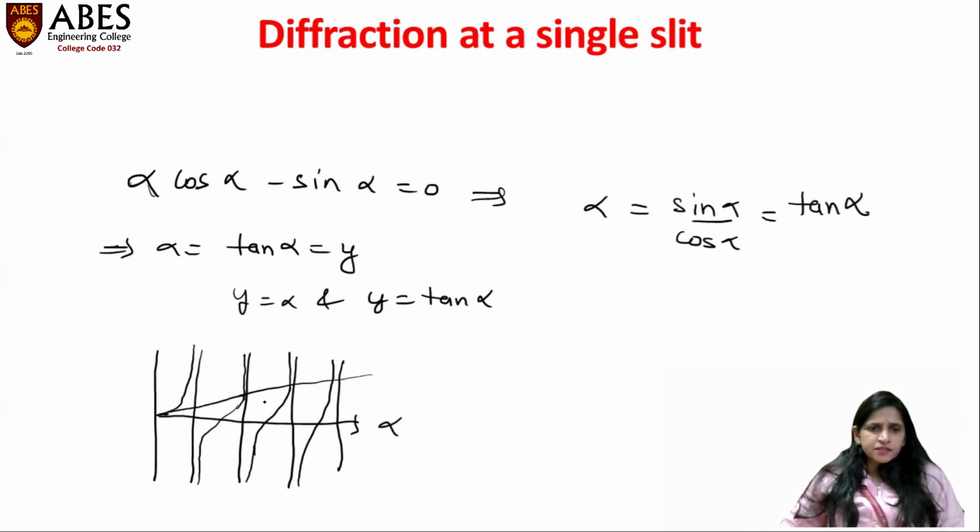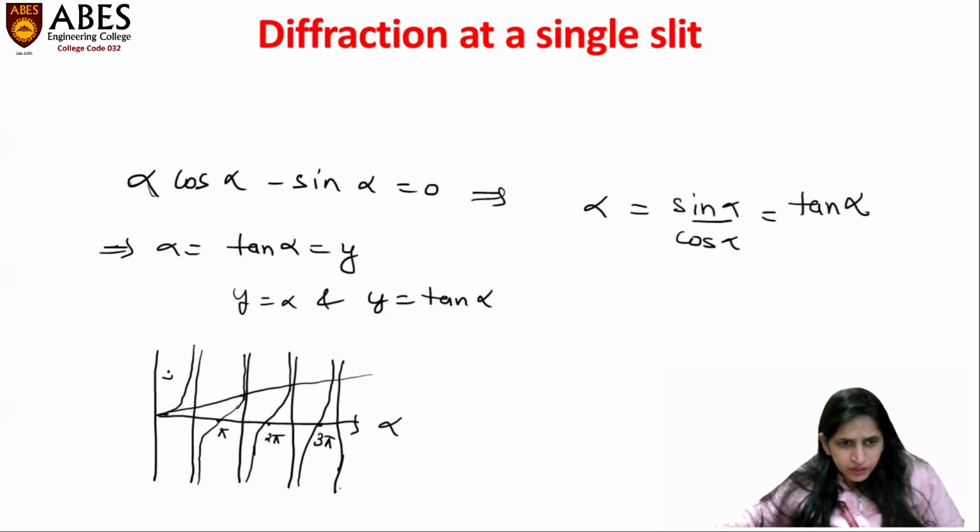Now see, here is the intersection point, here is the intersection point, and here is the intersection point. What are these values? This value is pi, this value is 2 pi, this value is 3 pi. These are y equals tan alpha, and this is y equals alpha.